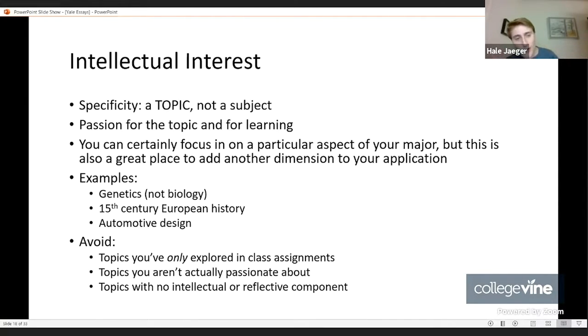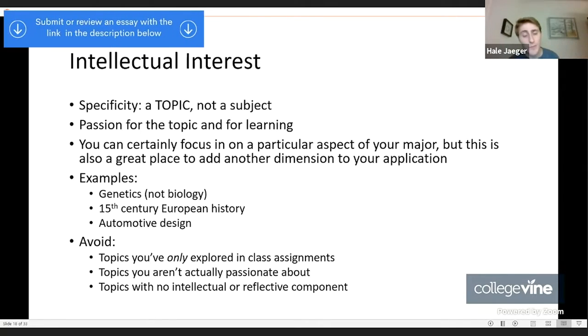So for example, you have this intellectual interest in genetics, not biology. Harking back to my example from earlier, it's that really small subset rather than the subject as a whole. Similarly, you might be interested in 15th century European history. That's a really small, narrow niche, but it's also really rich and full of detail and something that you may have engaged with and been passionate about.